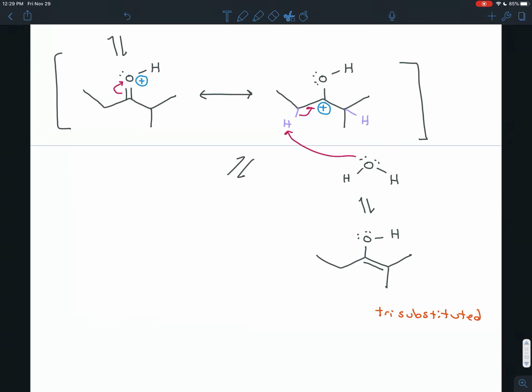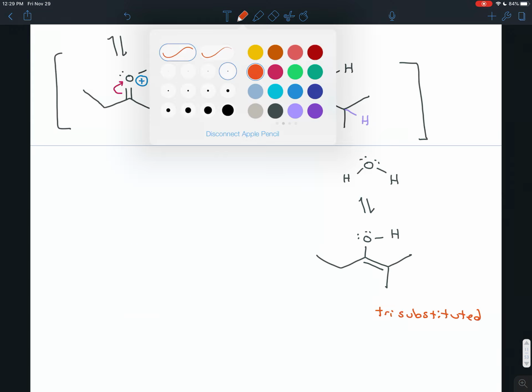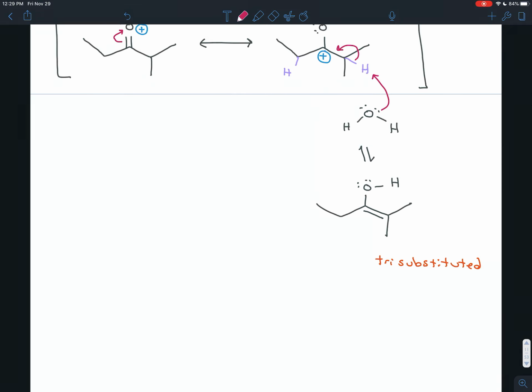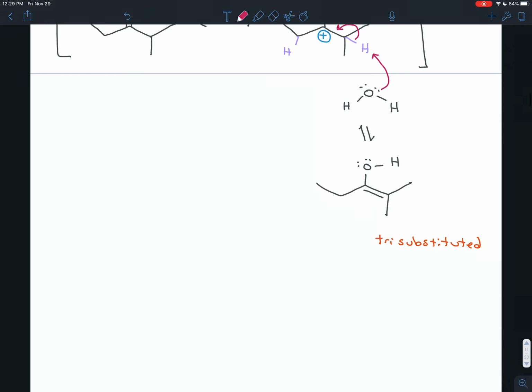So you would technically get a mixture of both of those, but the major product would be where the base steals the alpha hydrogen on the more substituted carbon, and you get the more substituted pi bond. That's more stabilized because it has more hyperconjugation between the p orbitals in the pi bond and the sp3 orbitals on the carbons bonded to them.